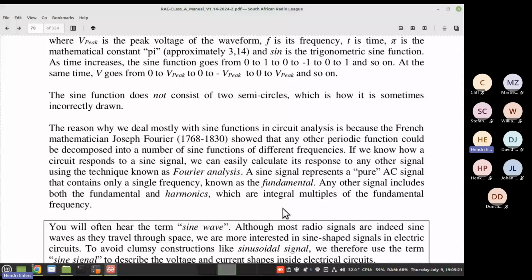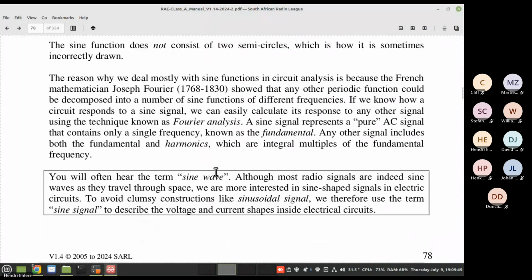Any other signal includes both fundamental and harmonics, which are integral multiples of the fundamental frequency. Okay, so we know that a pure sine wave is known as the fundamental frequency, and it doesn't have harmonics.